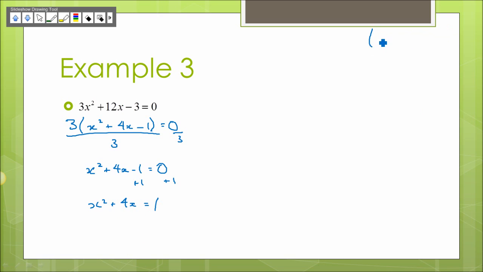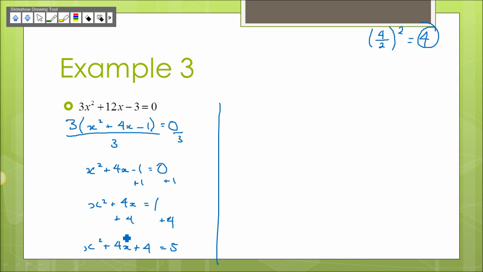So I had to halve it, so 4 over 2, and then square it, and that gives me 4 divided by 2 is 2 squared. Oh, well, that just gives me 4. And I take this term and I need to add it to both sides. So plus 4, plus 4. That gives me an equation of x squared plus 4x plus 4 equals 5.